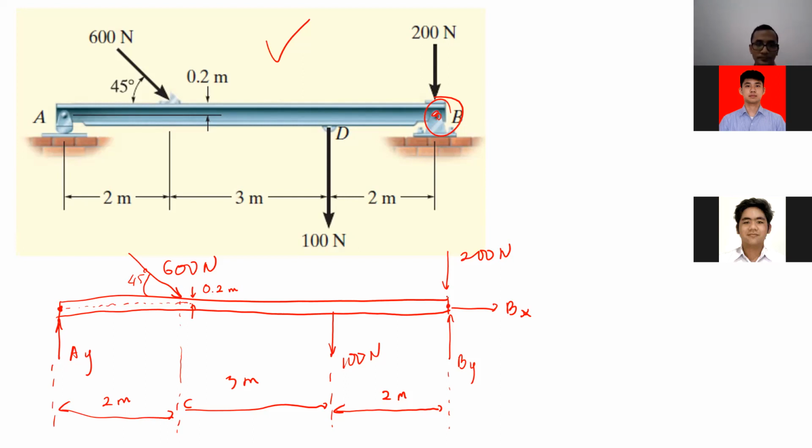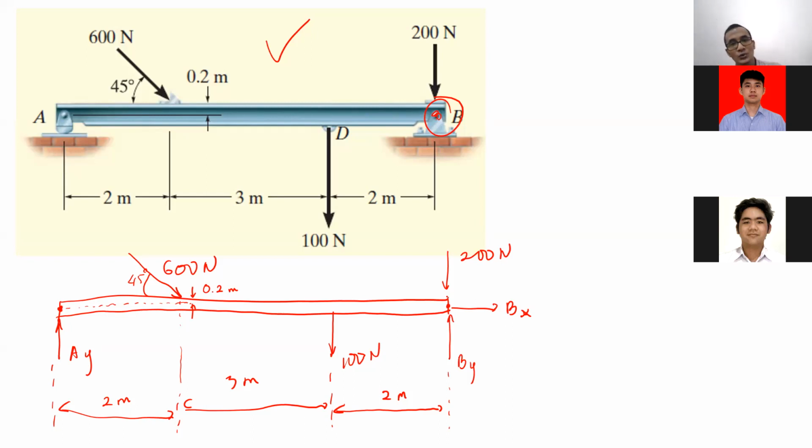Now we have a complete free body diagram, because we have all the dimensions there and all the forces acting on the beam. So this is how you're supposed to draw the free body diagram correctly. You have to put all the known forces, unknown forces, and all the dimensions in the free body diagram. Remember that.